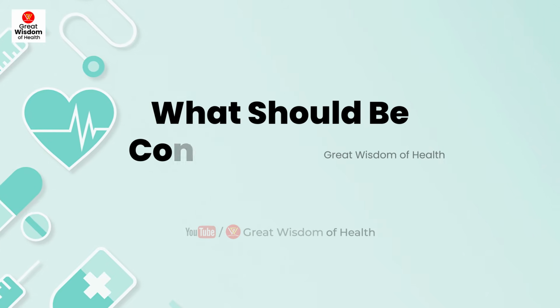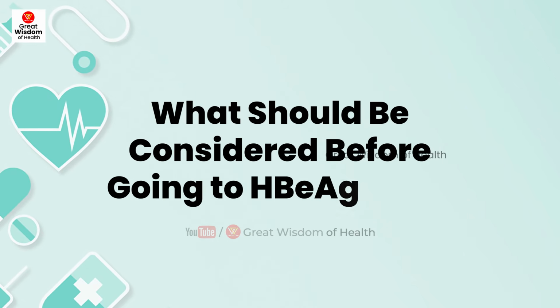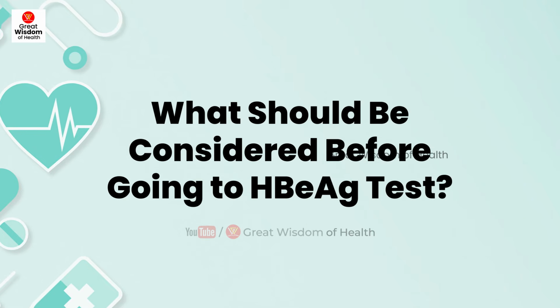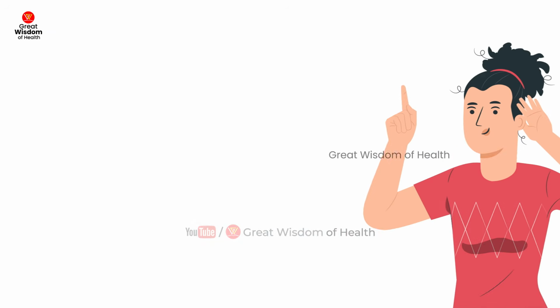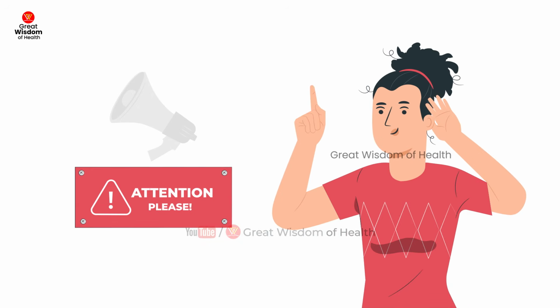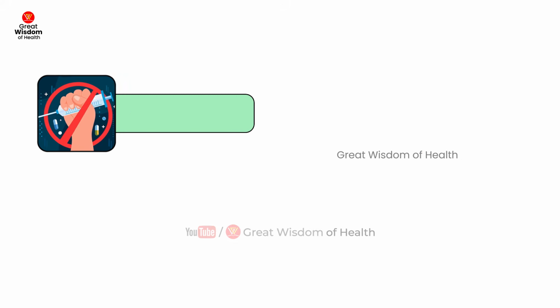What should be considered before going for the HBeAg test? Before testing for HBeAg, patients need to pay attention to the following factors, because these factors directly affect the test results. Absolutely do not use drugs or alcohol when preparing for the test.